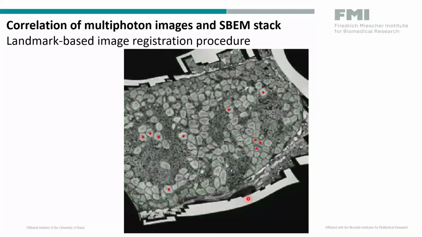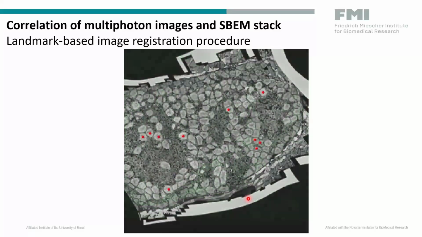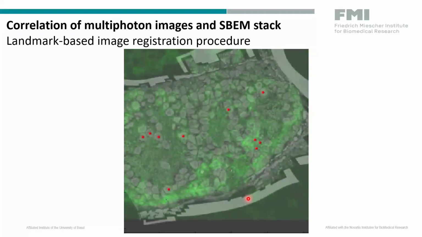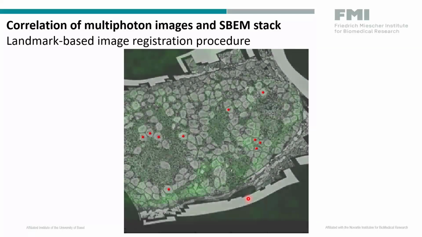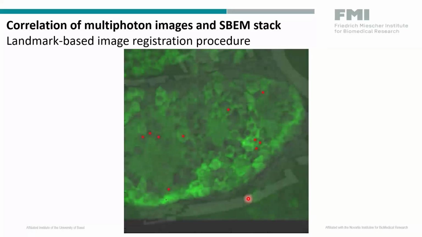Once you are done with the 2-photon calcium imaging, and you are done with your stack acquisition with serial block face, you have to correlate the 2 stacks, or the 2 modalities of imaging, to be able to reconstruct the full circuit.